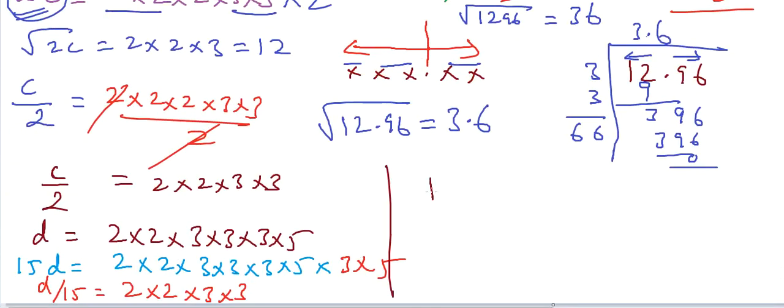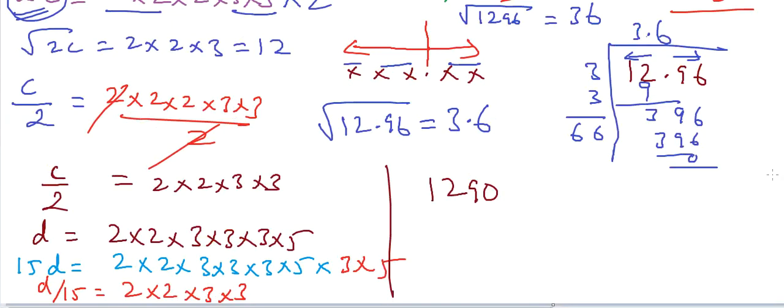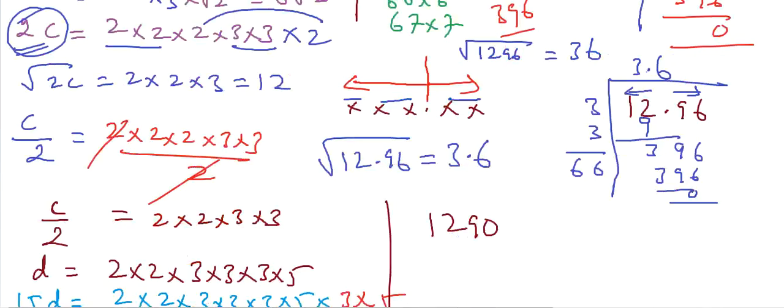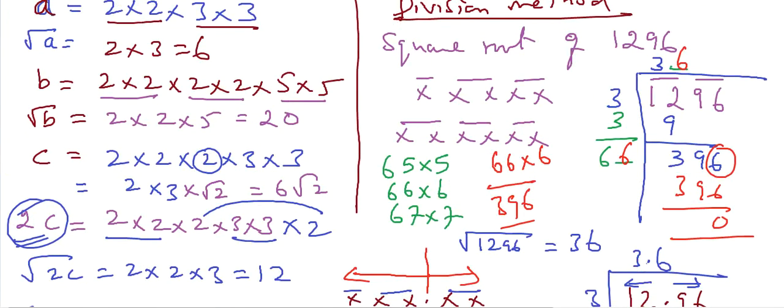Now suppose the question is: what is the smallest number that must be added to make it a square number? We know the answer is 6, because if we add 6 to this, we get 1296, which is a square number, correct?